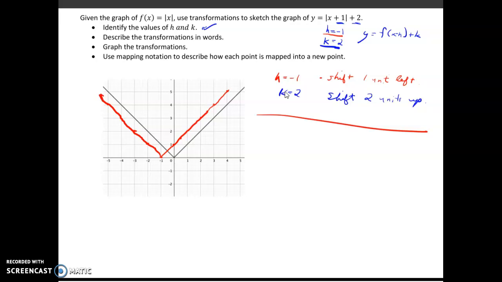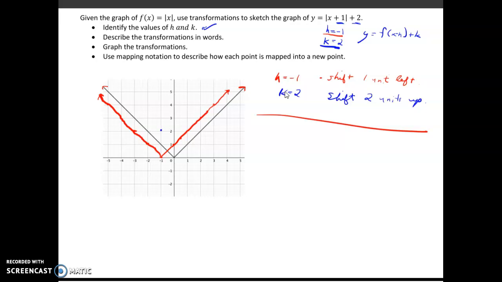Thankfully, you are using a ruler, but me not so much. Now, I put arrows at the end. I guess I should assume that I'm going to put arrows at the end of this too. I apologize, but there. I have shifted my graph 1 unit over to the left. And now I'm going to shift this red up 2 units. We always shift transformations one after another.